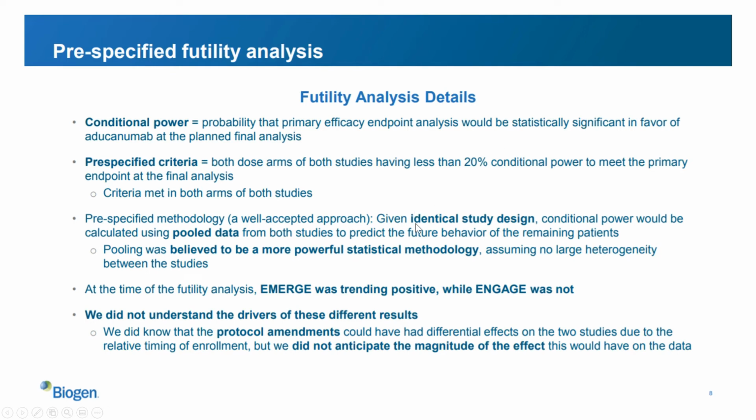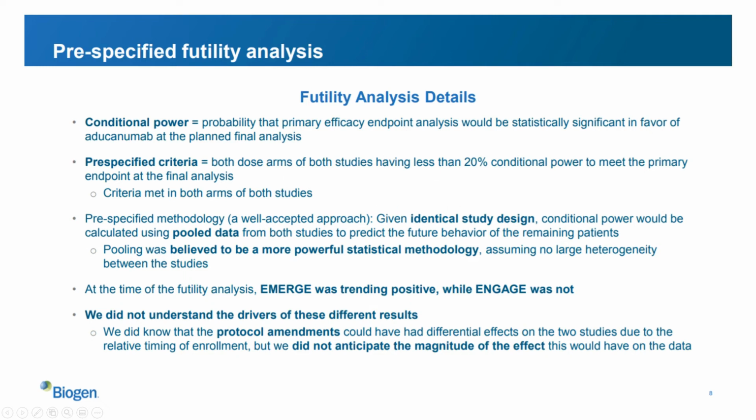Basically, the futility analysis is intended to measure the probability that aducanumab would have had a statistically significant improvement on the primary endpoint greater than the placebo did. If both dose arms of both studies have less than 20% probability to beat placebo on the primary endpoint, then they stop the studies. And this criteria was actually met in both of the studies.